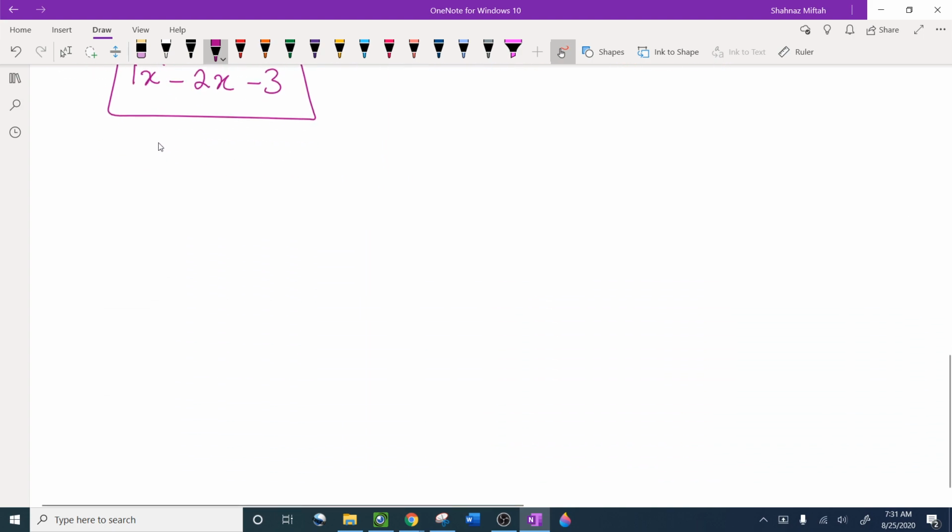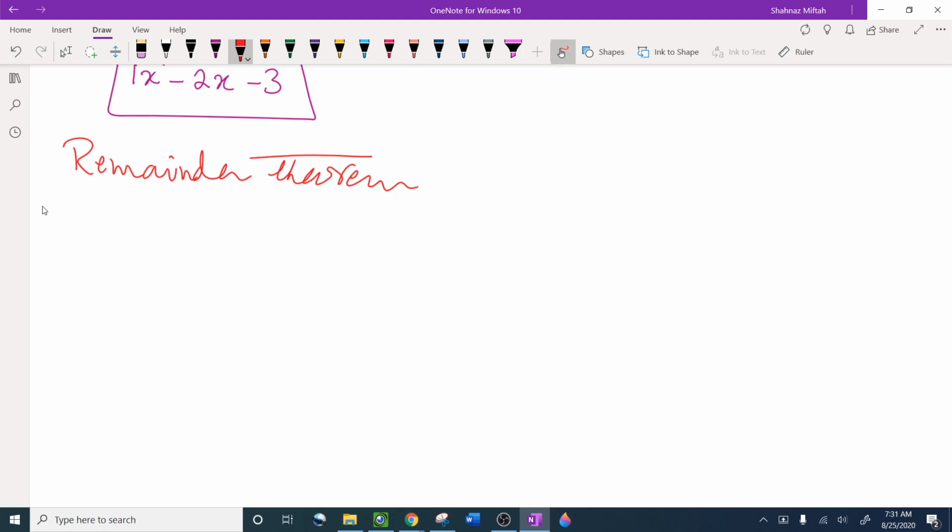Let's go for the remainder theorem. Example number 3. For example, we have a function f of x equal to 3x cubed plus 4x squared minus 5x plus 3.